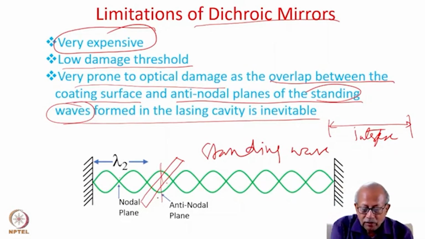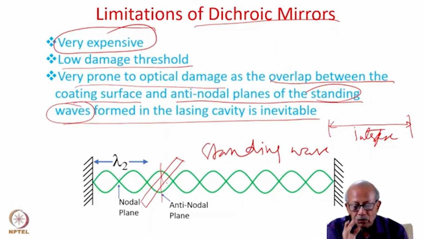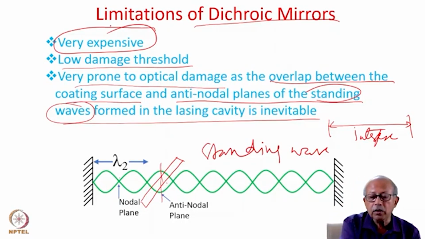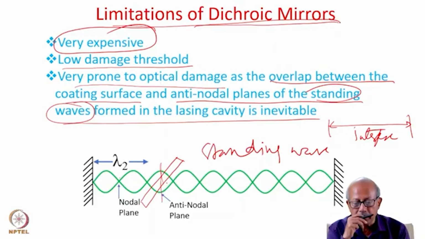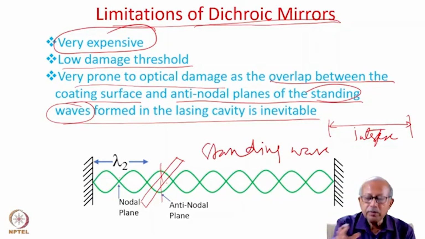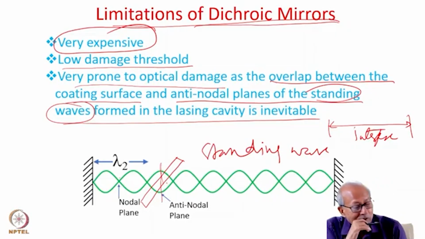So already this has low damage threshold. The chance that it will get damaged is extremely high. So this is a major limitation of using a dichroic mirror. Well, it may work, but it is very likely that you may damage such mirrors very easily.